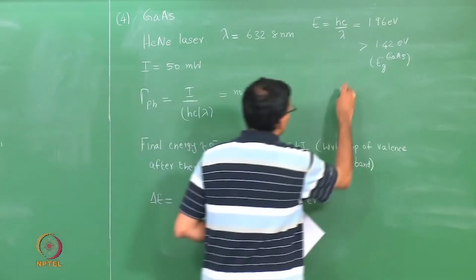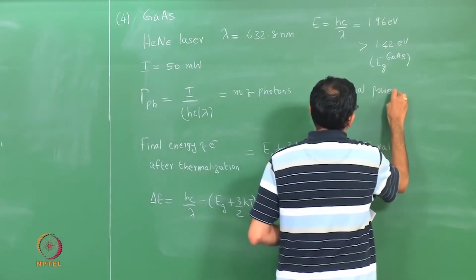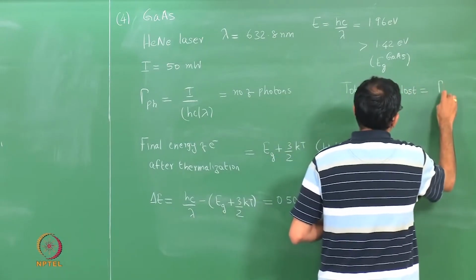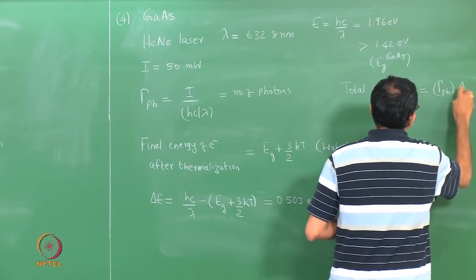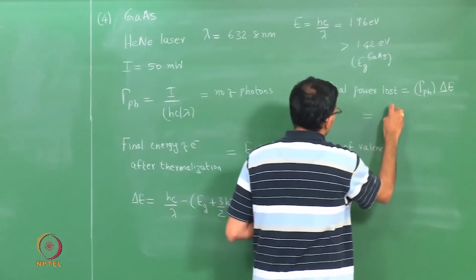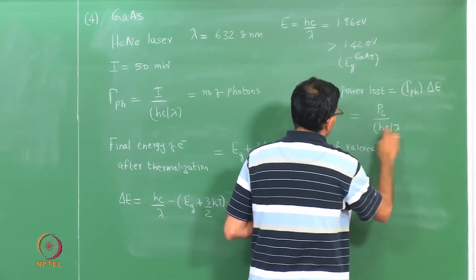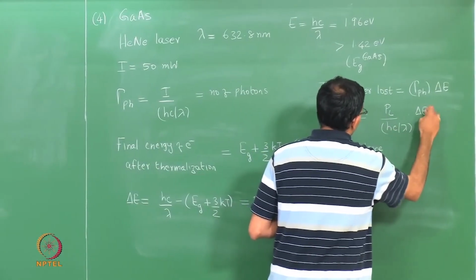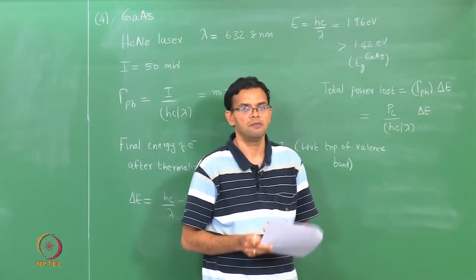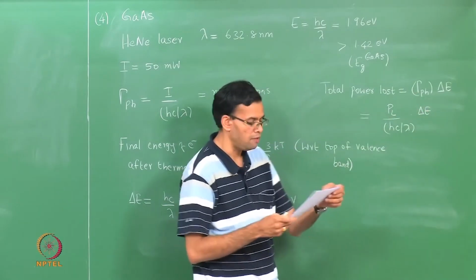So, the total power that is lost is nothing but gamma pH times delta E, which is nothing but the incident power PL divided by hc over lambda times delta E. So, this is nothing but the ratio of the incident power to the photon energy times the energy that is lost, which depends upon the band gap.